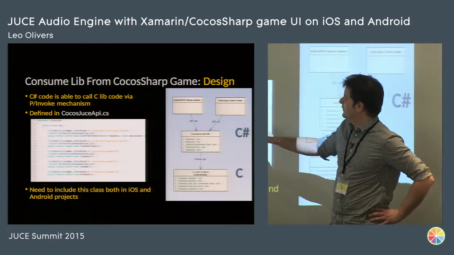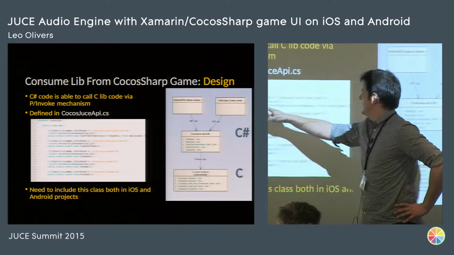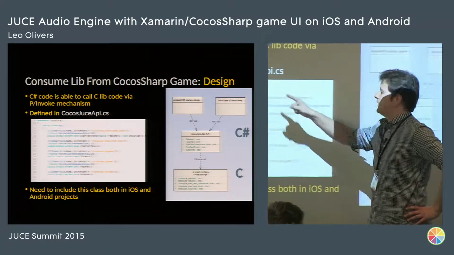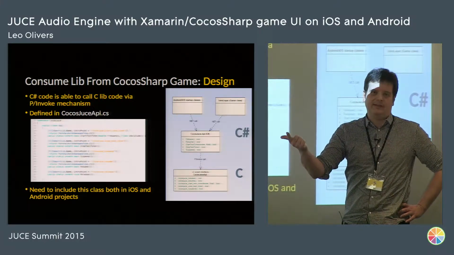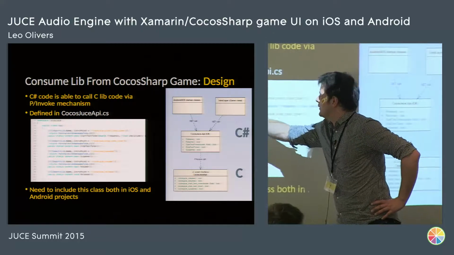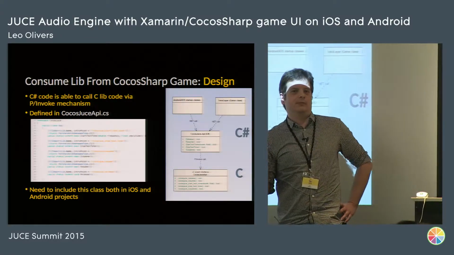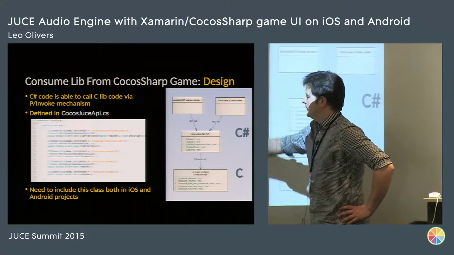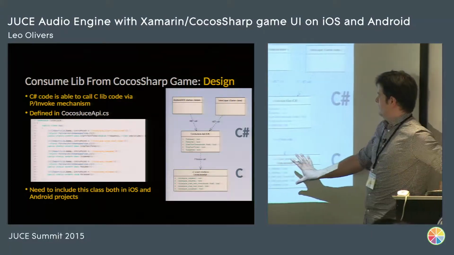You cannot really read it, but it's just a simple static method definition with no body. Then you have an attribute that says this is the C name of this method and this is the library where you find it. Optionally you have some other attributes to fine-tune the marshalling of the input-output parameters of these methods if needed. So basically, this is just a C# interop class for the C library.